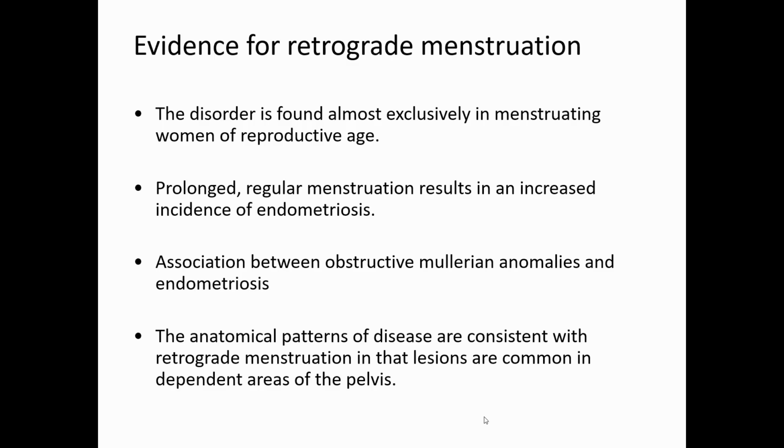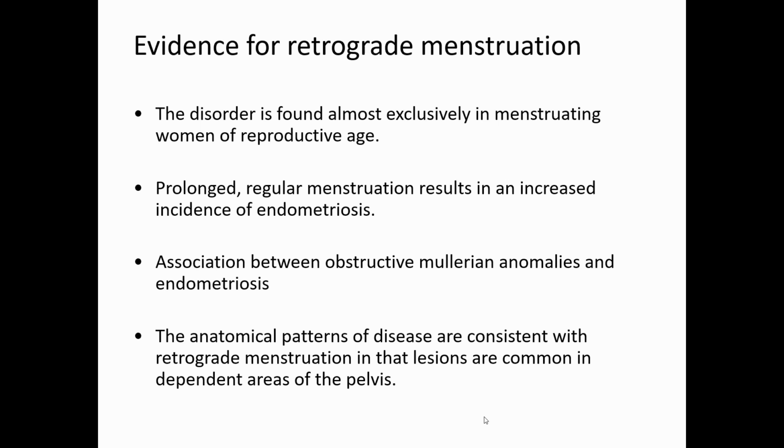Anything that does interfere with the antegrade transit of menstrual product can lead to retrograde transplantation of that product into the pelvic cavity. So obstructive Mullerian anomalies such as a uterine septum have been associated with an increased risk of endometriosis, and we'll talk about that.